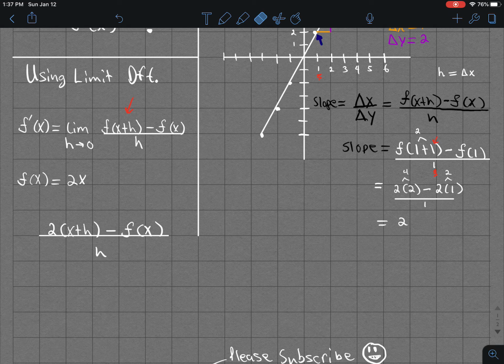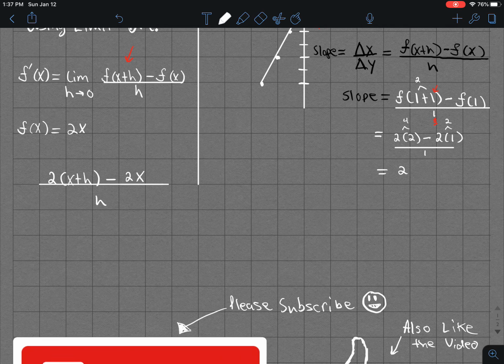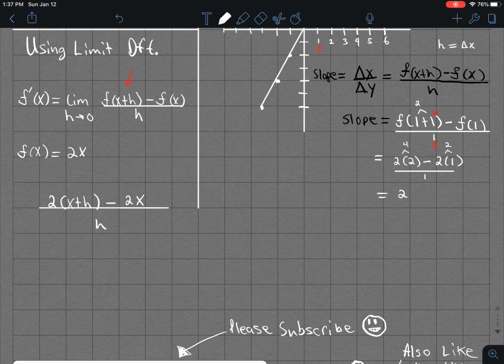Sorry, I meant f of x is just the original function. So what we need to do is distribute the 2. So you get 2x plus 2h minus 2x.